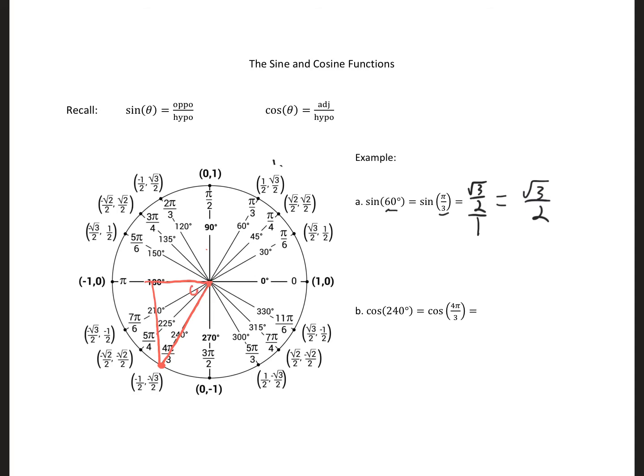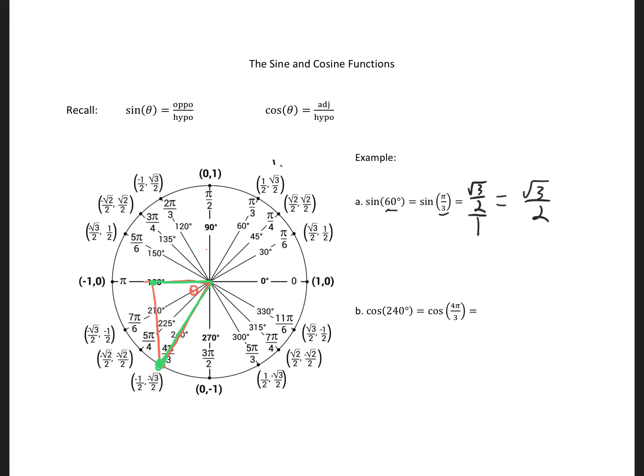So imagine if this was our theta. We know cosine is equal to the adjacent side over the hypotenuse.